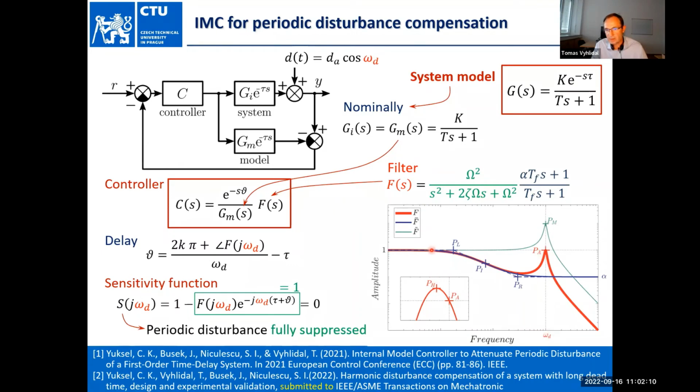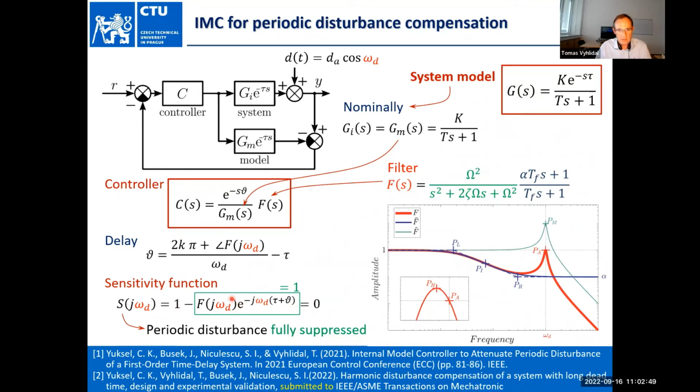So the feature to be imposed on the filter is to have low pass characteristics, which is seen here, but at the frequency omega d it needs to be equal to 1. This is because in the sensitivity function, the transfer function from d to the output, from the disturbance to the output, we need to have this term equal to 0.